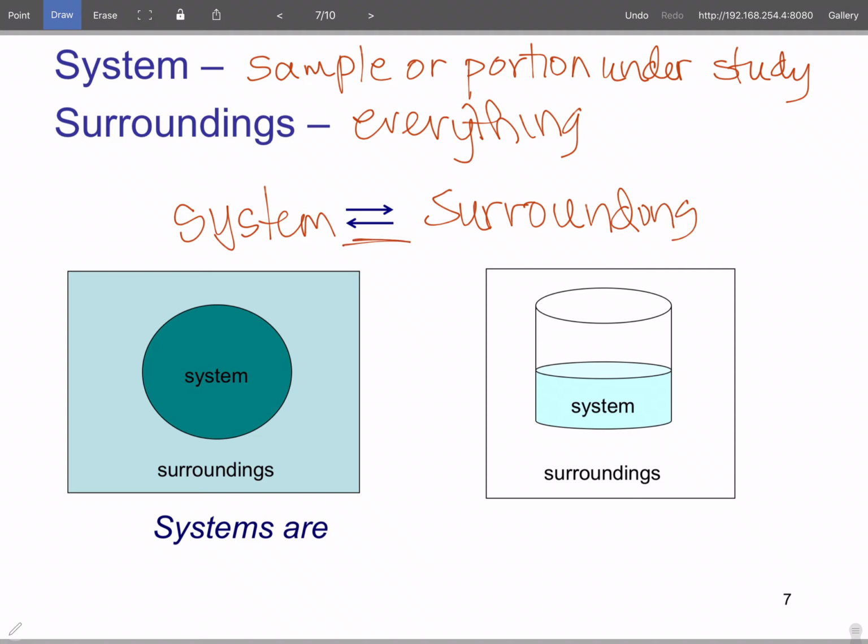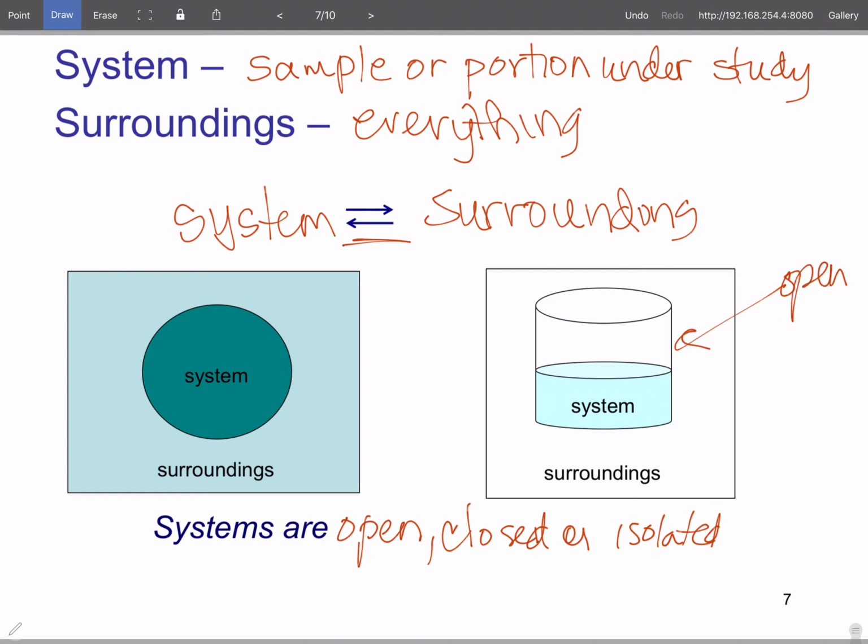So, systems are open, closed, or isolated. This would be an open system. Why is this one an open system?